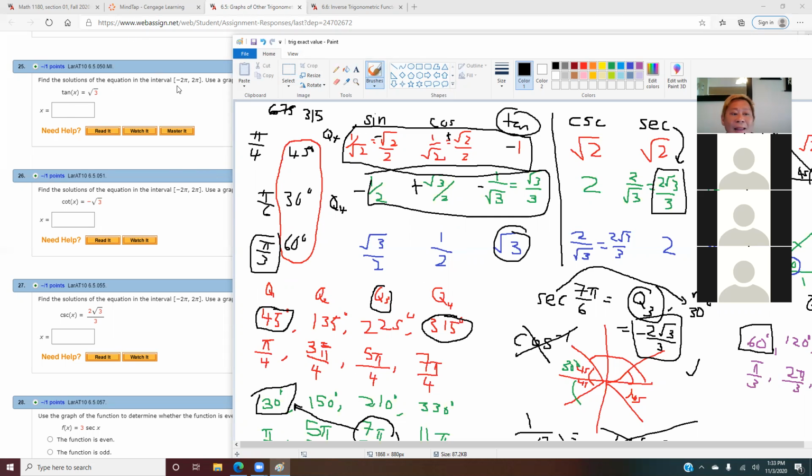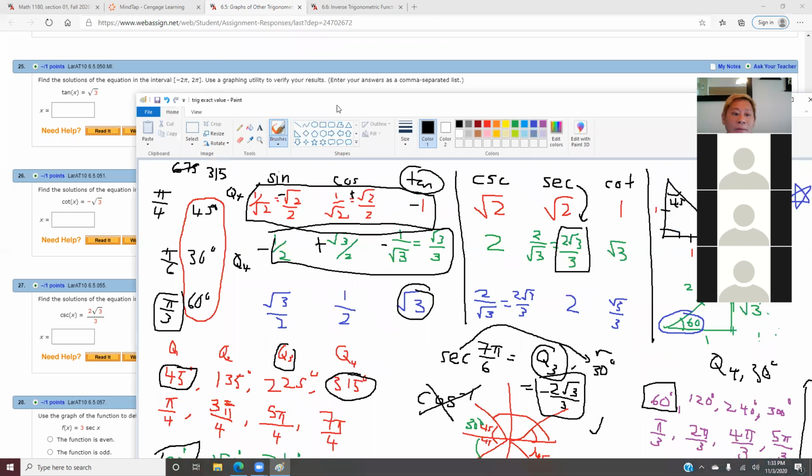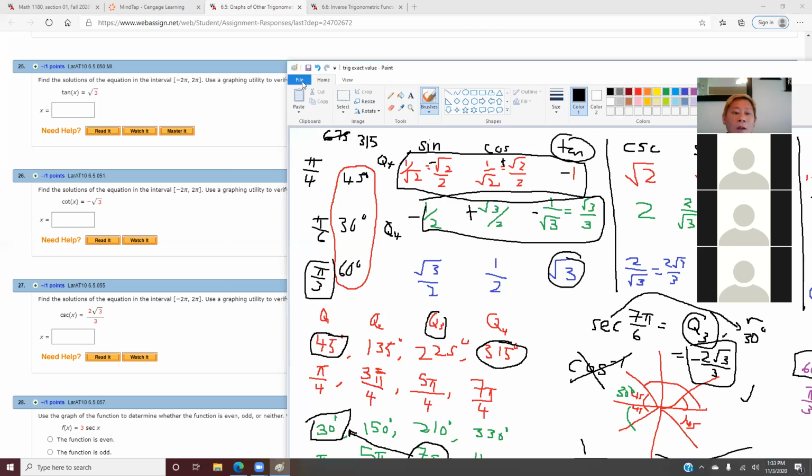But as you know, that is inside this domain, negative 2 pi to 2 pi. But I want to point out to you guys that this has 4 answers, and one of them is pi over 3. So do you guys know how to figure out the rest of this?